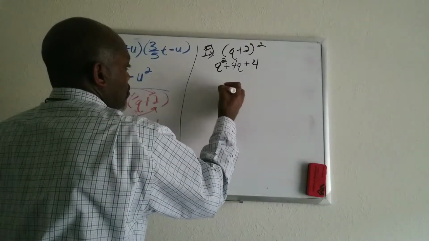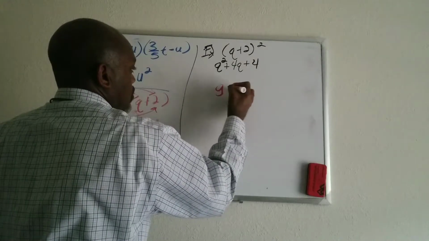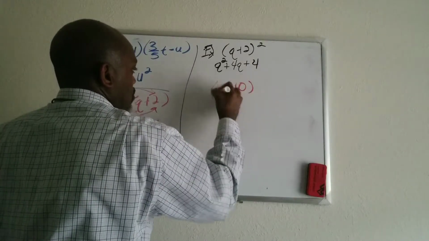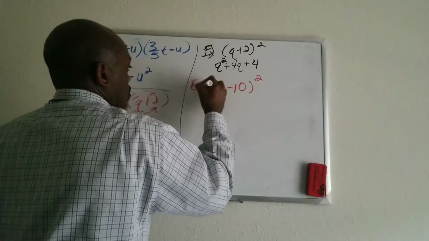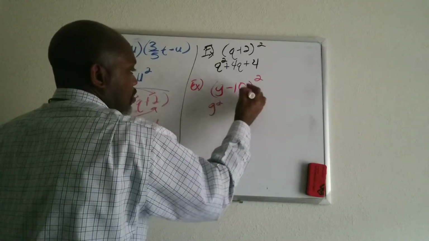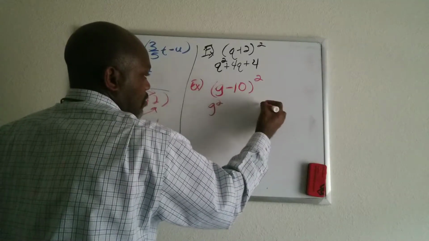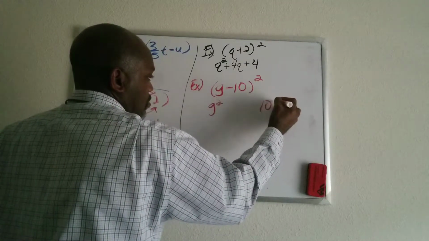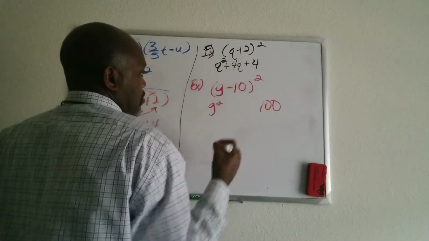All right, another example would be: I'm going to square the g, square the 10, right?